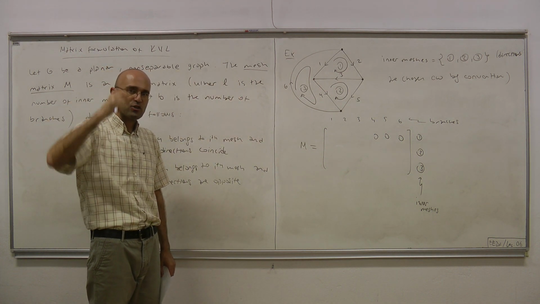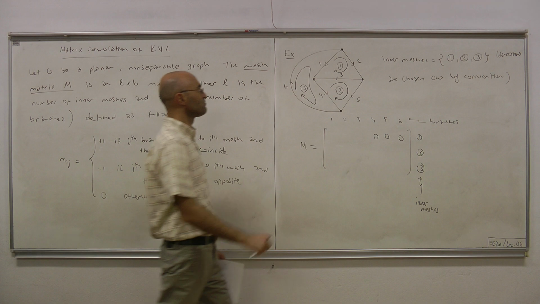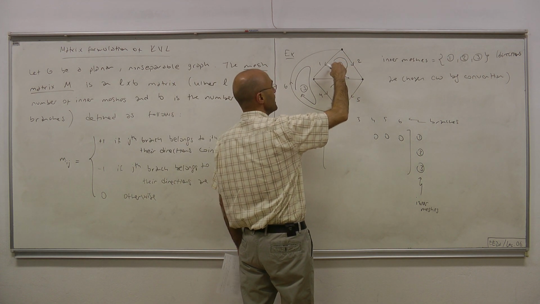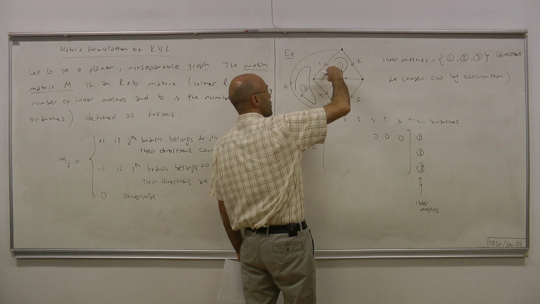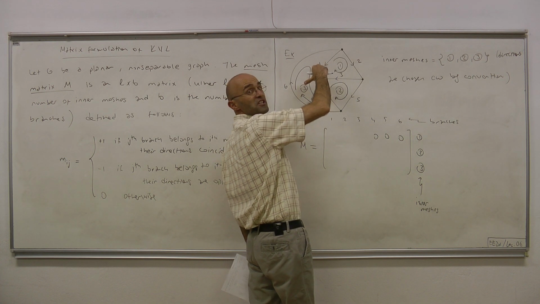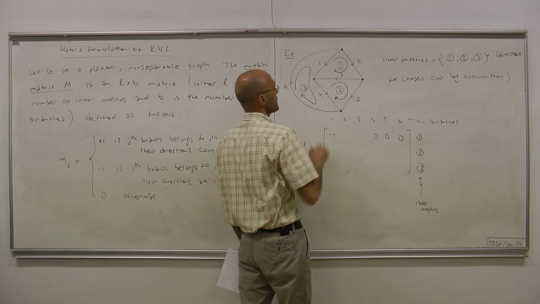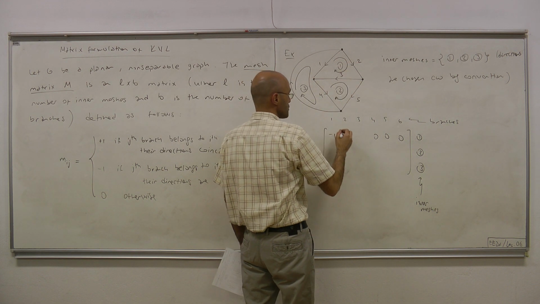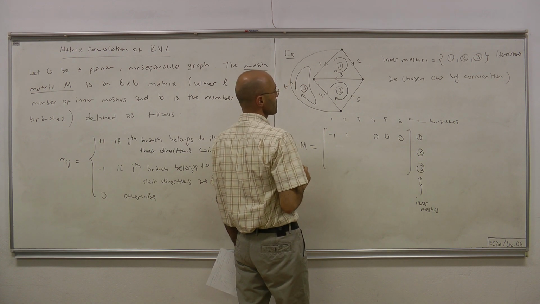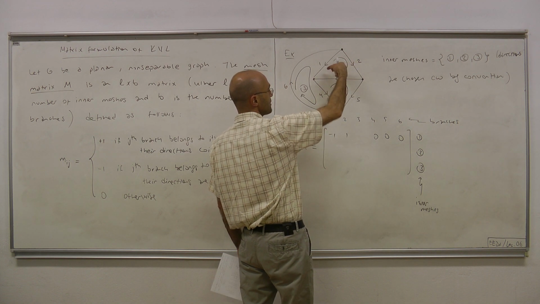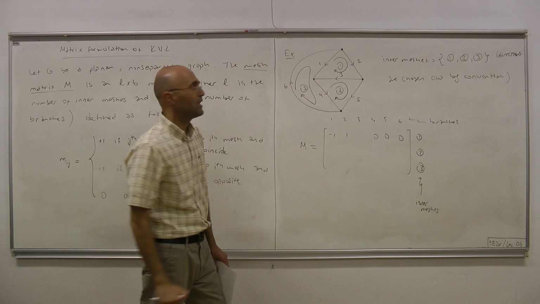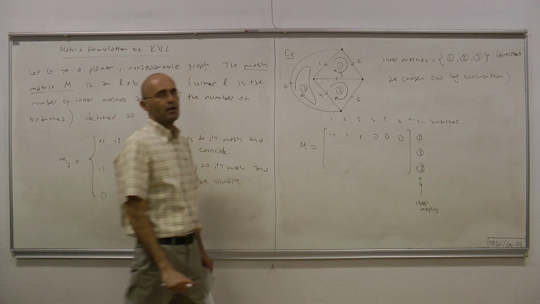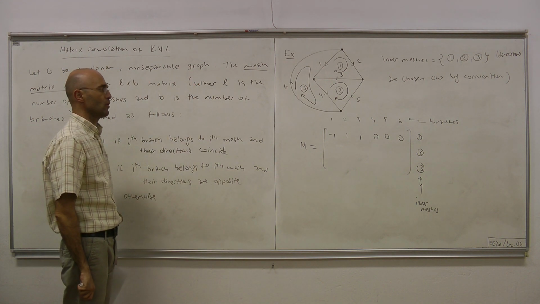It's +1 if the directions coincide, -1 otherwise. Here, this is the clockwise direction of mesh 1. It's going like that, so it's opposing the direction of branch 1. So we put a -1 here, and then it reaches branch 2, and they're going in the same direction. So +1 for branch 2, and finally it touches branch 3, and their directions are the same. Therefore, +1 for the third branch also.